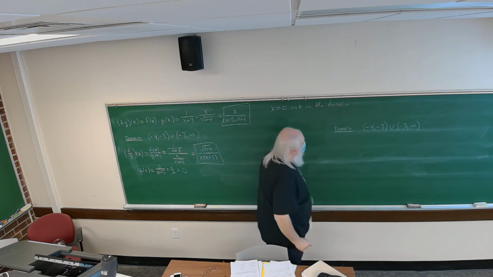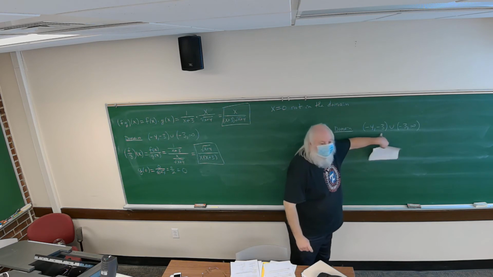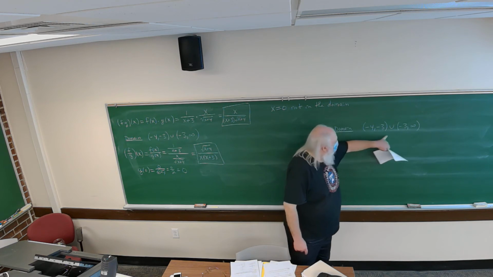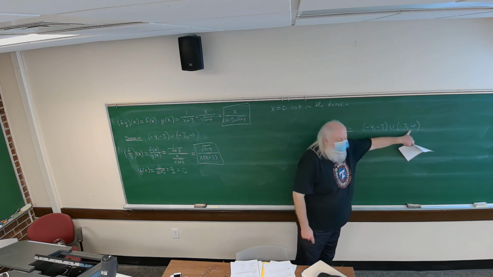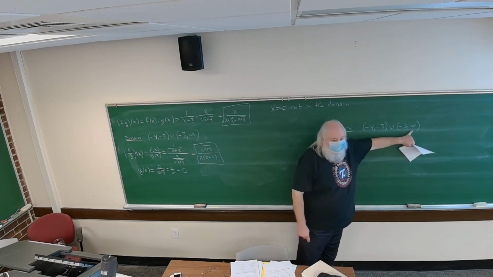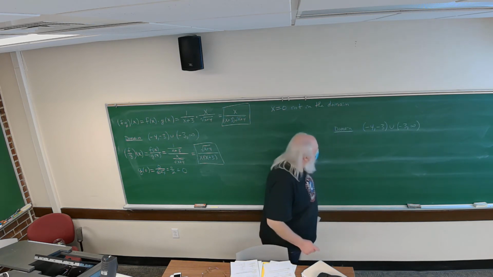So we have to remove 0 from this interval, from this domain. How do we do it? So 0 is between -3 and infinity. So we're going to have an additional set of parentheses. It's going to go from -3 to 0, and then union 0 to infinity.